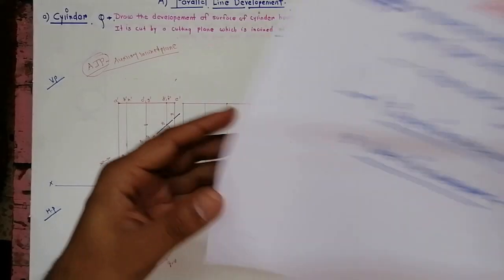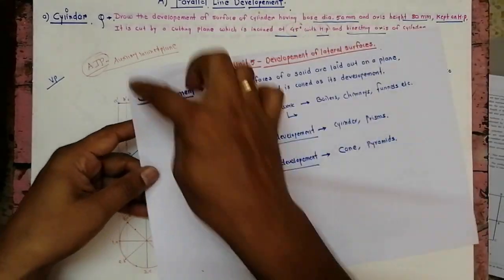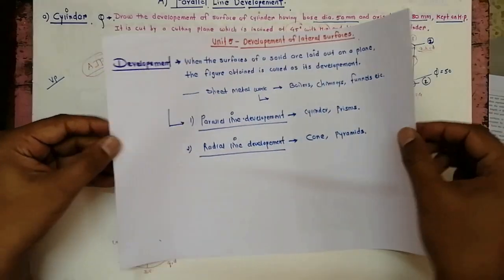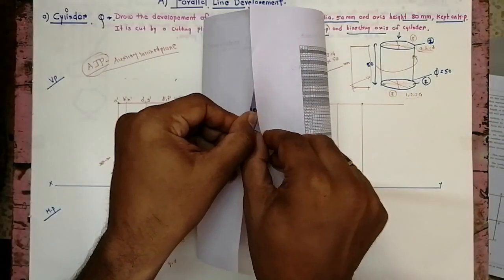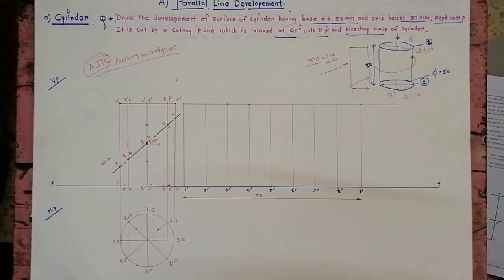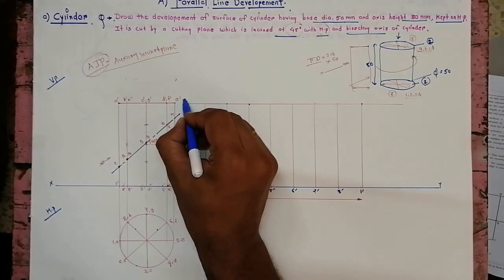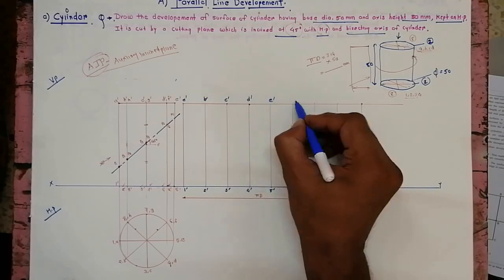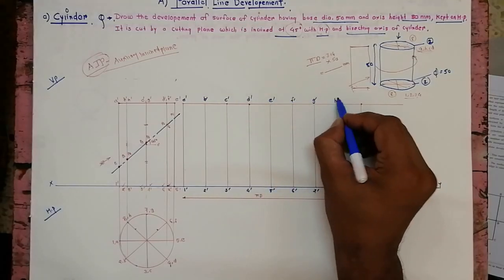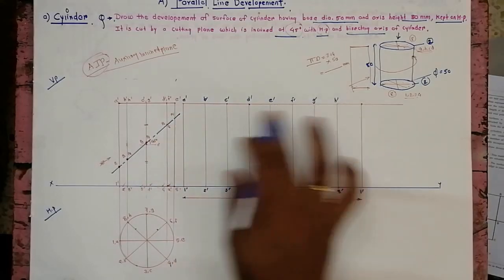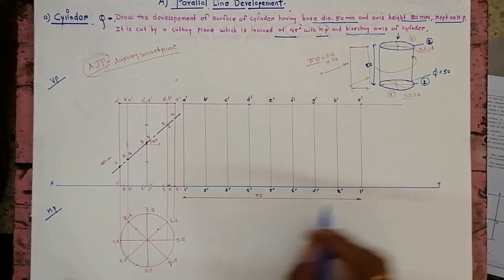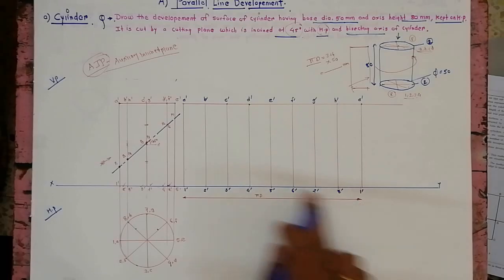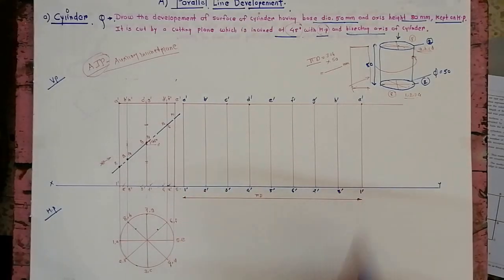So when we join it, it comes like this. This is 1, then this is A dash, B dash, C dash, D, E, F, G, H. So A to H, and then again the last one is again A. So first and last are the same, A dash, 1 dash, 1 dash.